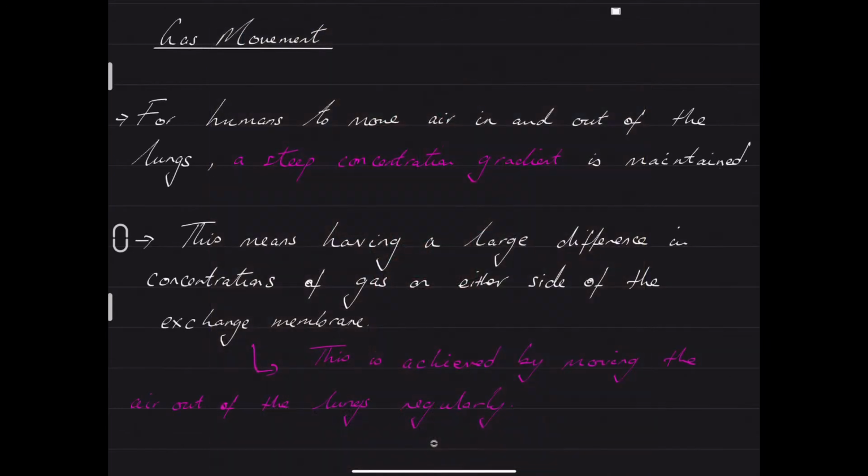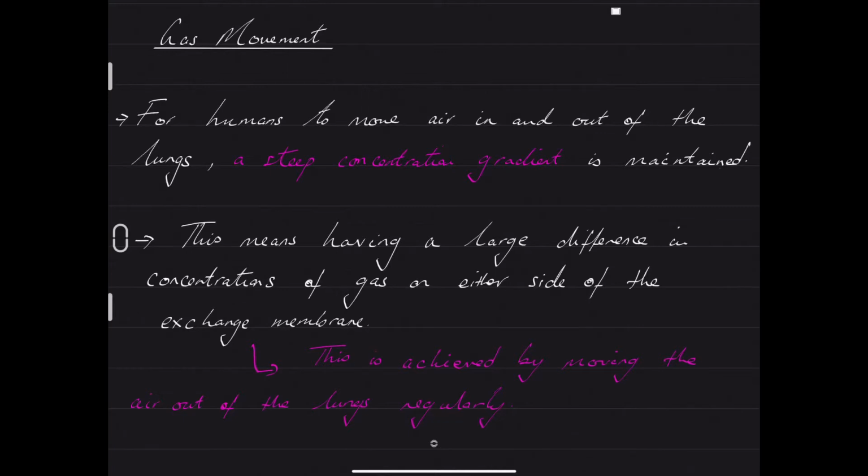So let us now look at gas movement, how the gas is moving in and out of the lungs. For humans, to move air in and out of the lungs, a steep concentration gradient is maintained.